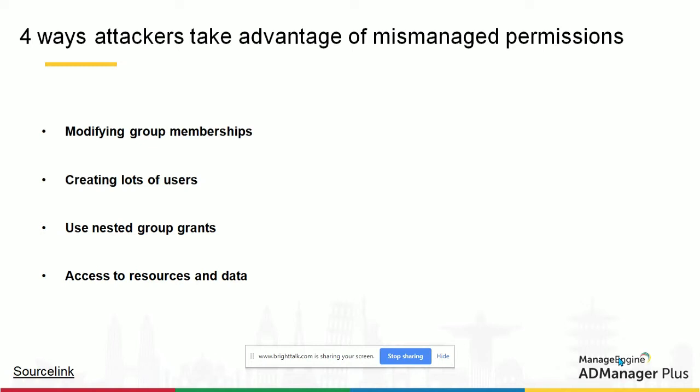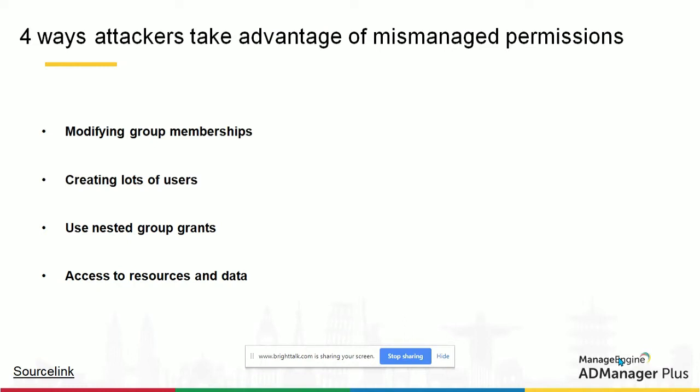Point number three is your nested group grants, like I told you before. Nested group memberships. Any user who is a member of an admin group, or any user who is also an indirect member of an admin group, all of these users can be leveraged by an attacker to gain access to your organization's internal network. And finally, access to resources and data.